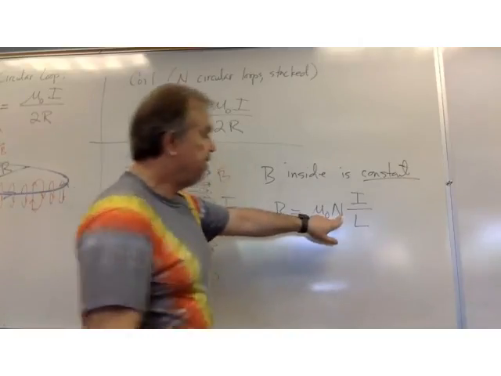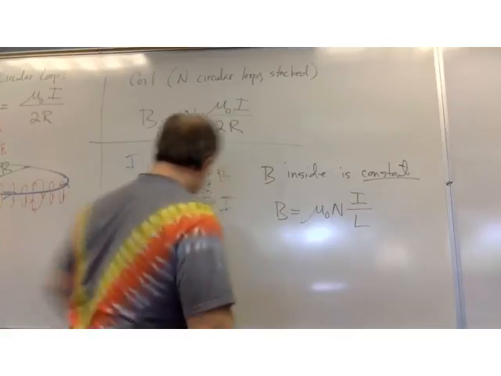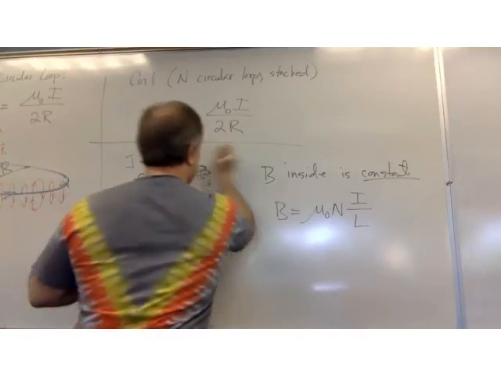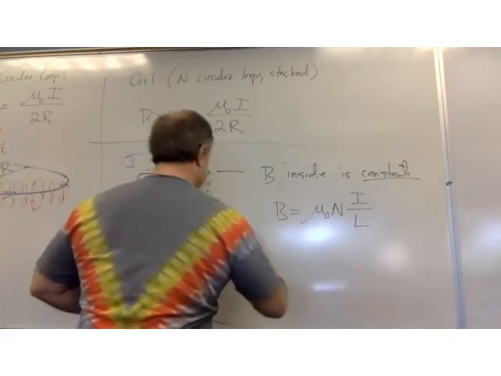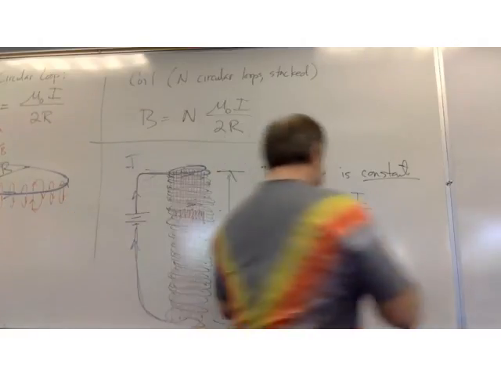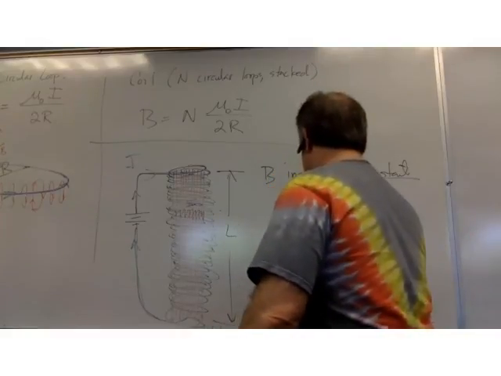It's just mu naught times the number of turns of wire you have times the current you're running through it divided by the length of the device. And such a device is called a solenoid.